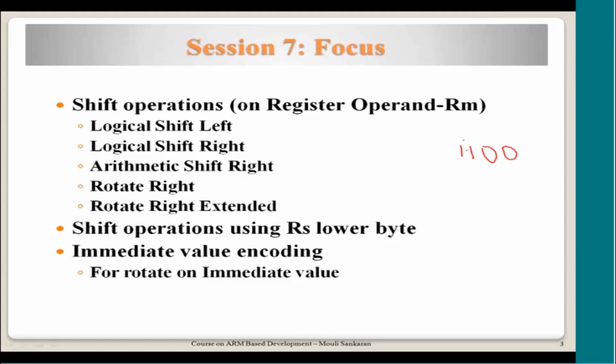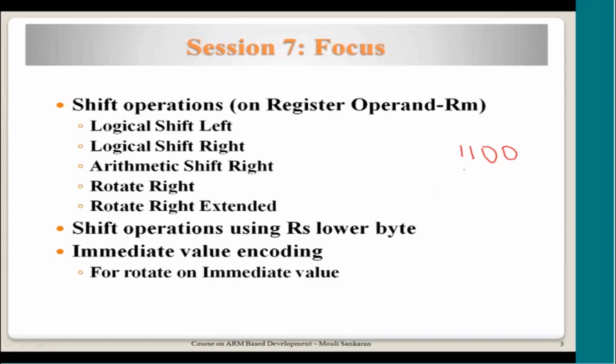You know that the MSB is a sign bit, so it will be interpreted as a negative number. How do you find the actual value? You invert all the bits and add 1: 0 0 1 1 plus 1 is 0 1 0 0, that is minus 4.